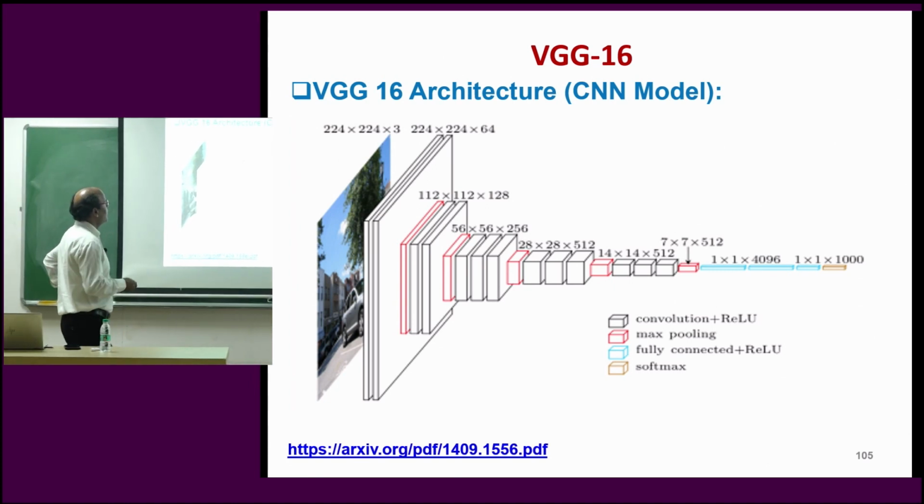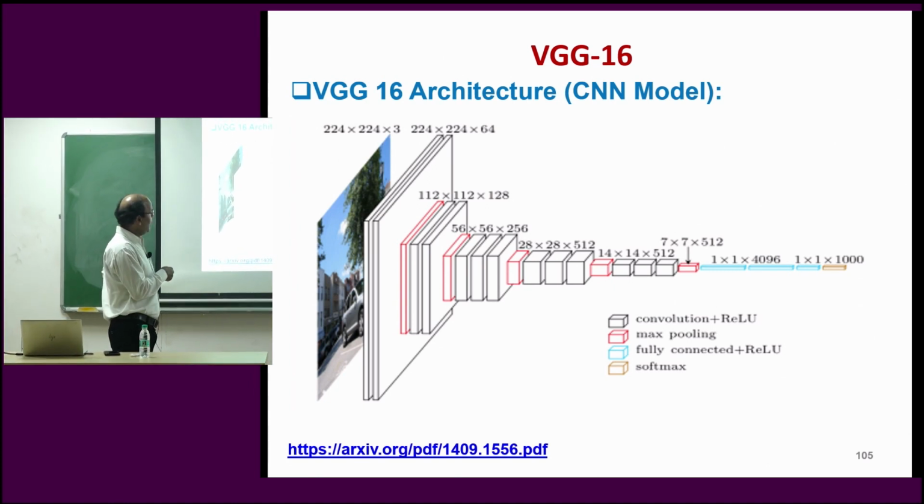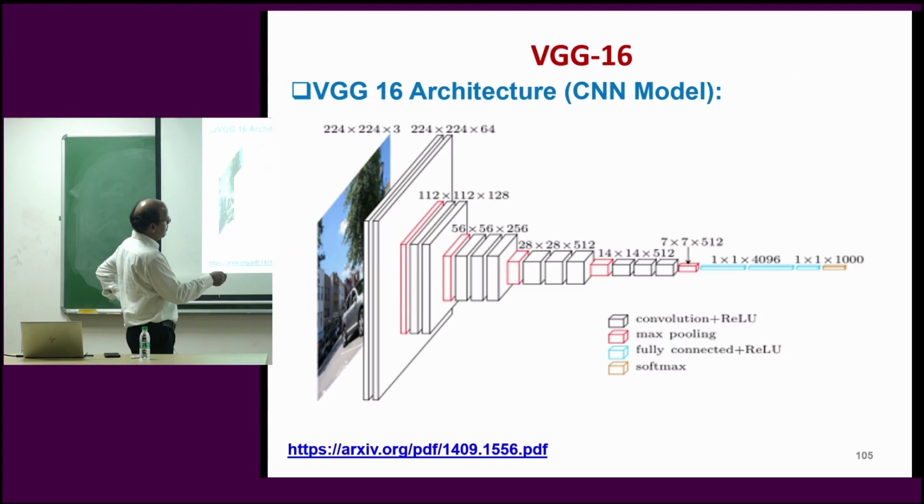Here you see the input image data, which is color. Then there are convolution layers: 2 sets of convolution, then max pooling, 2 sets of convolutions, max pooling, 3 sets of convolution layers, then max pooling, 3 sets of convolutions, max pooling, 3 sets of convolution, and then one more max pooling. Then 1 cross 1, converting finally to one hot. You flatten it, and then 2 fully connected layers will be there.